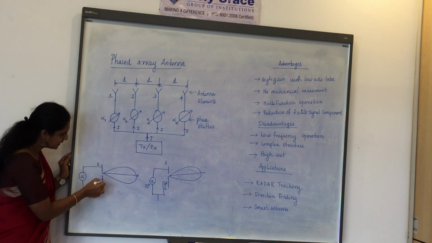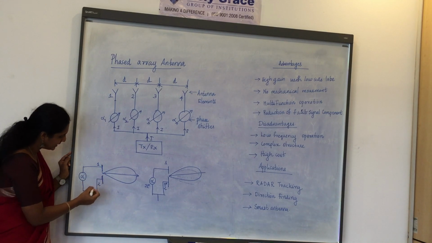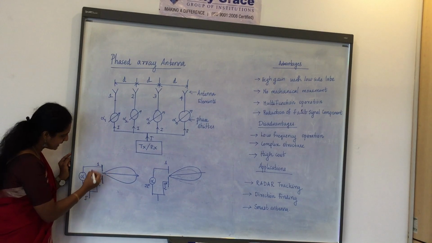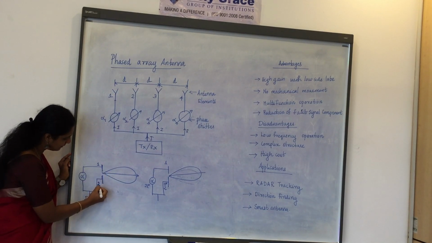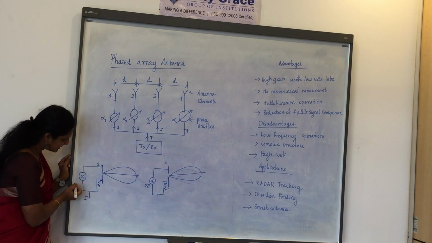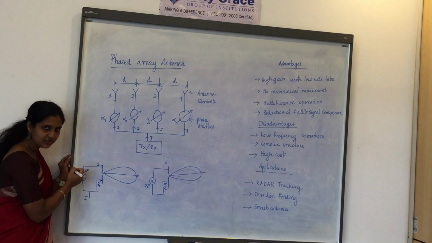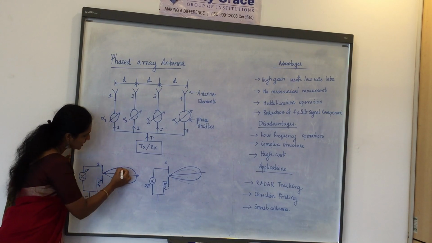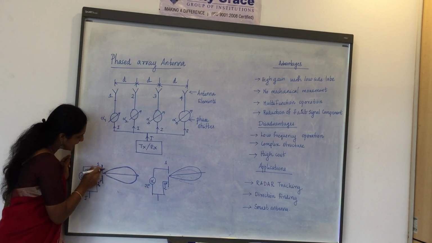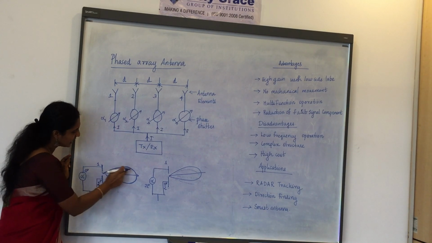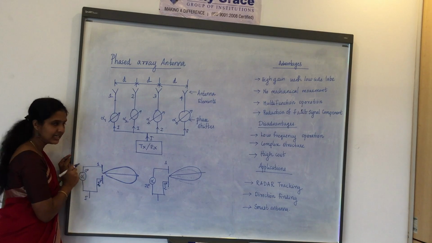They are placed as an array, and we have connected them to a current I. To the second element we have given 0 degree phase shift, and for the first element I also gave 0 degree phase. There is no phase shifting here. The radiation pattern of this antenna array, that means adding the radiation patterns of these two, looks like this.